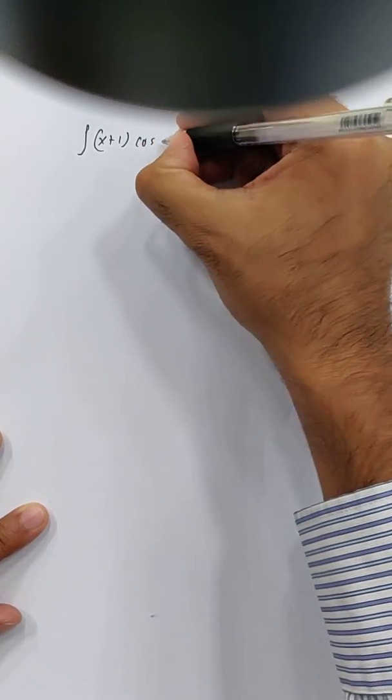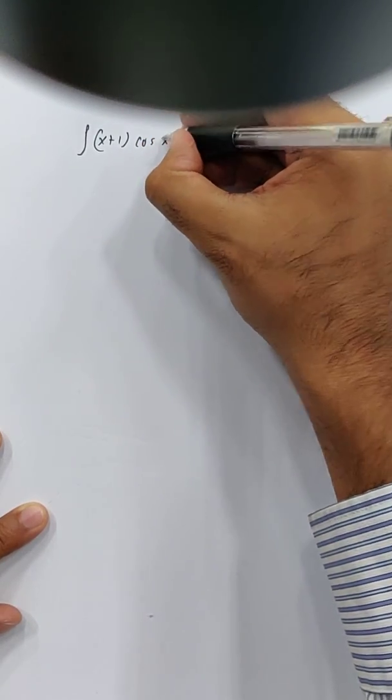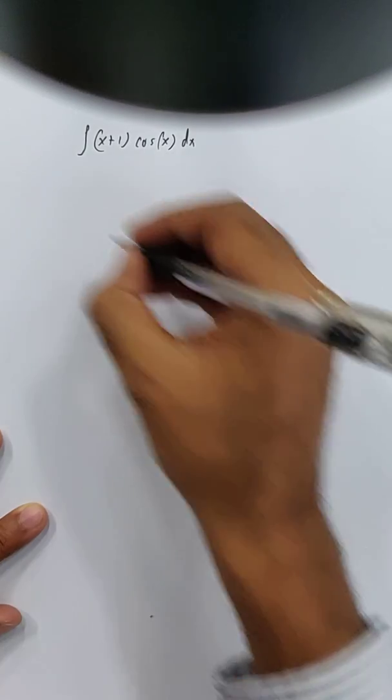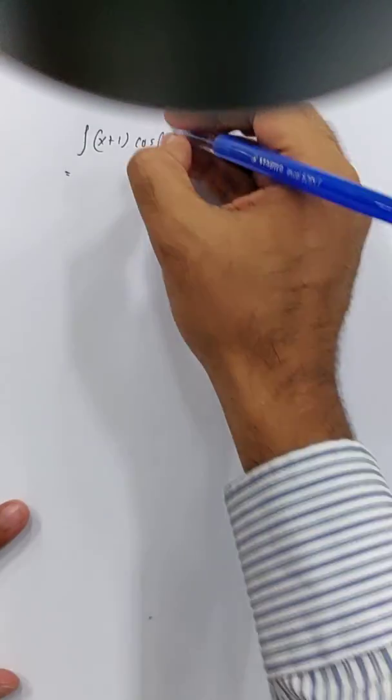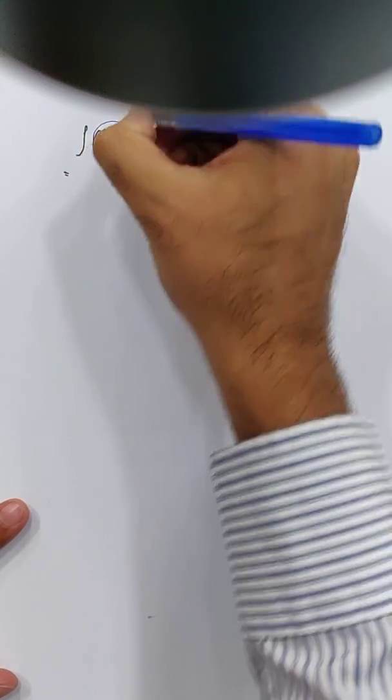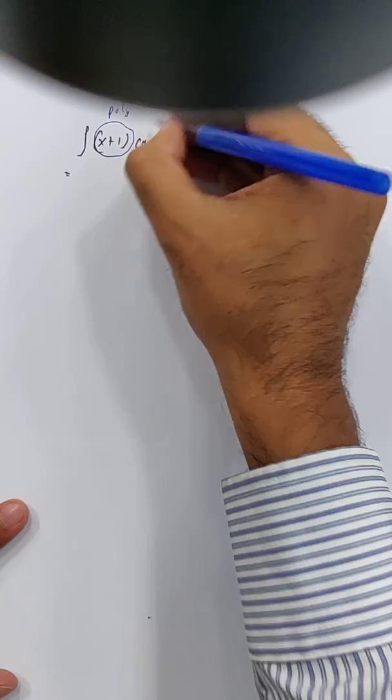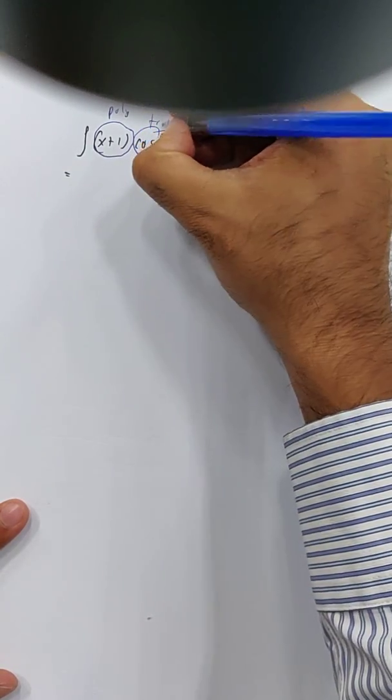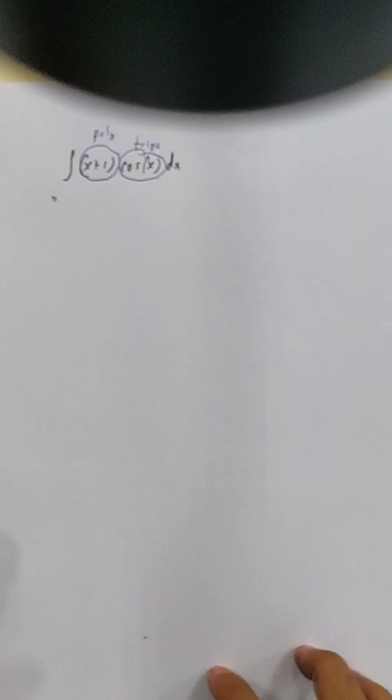I'll let you try by your own. Not too long, please. 1 minute, that's all. Why by parts? That's a good question. Two different types. What do I mean by two different types? There's a poly and trigo. Okay, good luck on your own. 1 minute, not more than that.